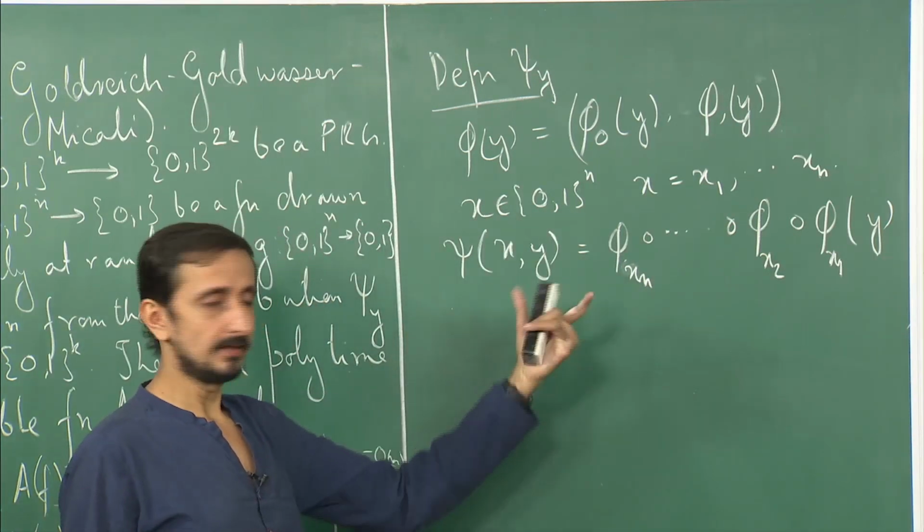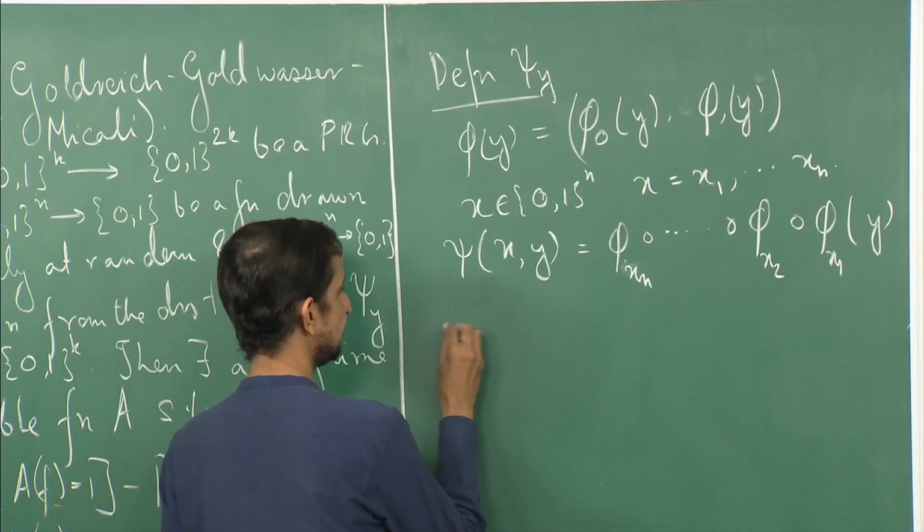So this gives us a k-bit string. And now we can define psi y.